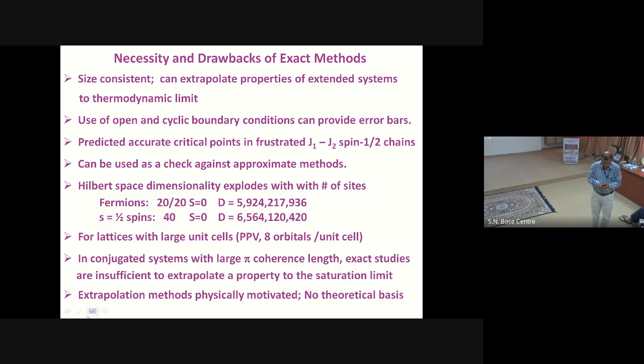Right. Yeah, I'll tell you why. Now look at the hydrogen molecule problem.